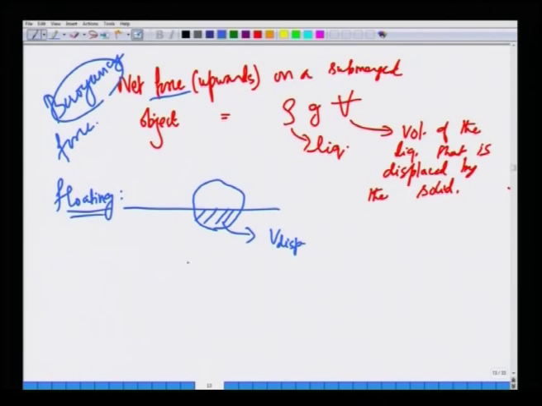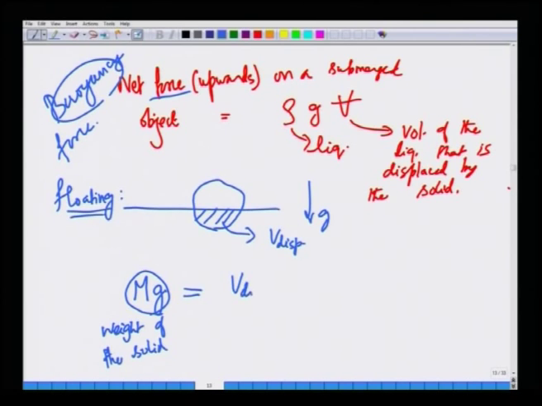If an object is floating, that means that it is not completely sinking into the liquid, and gravity is acting down. If m is the mass of the solid and g is the acceleration due to gravity, mg is the weight of the solid object. This must be balanced by V displaced times rho times g.